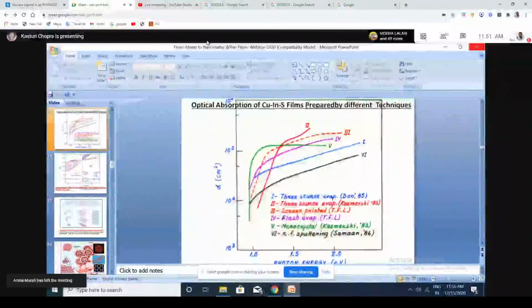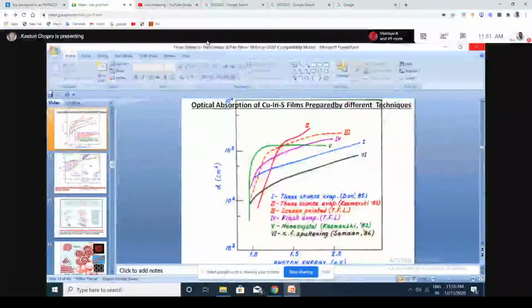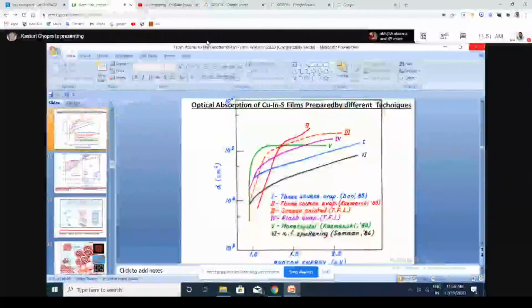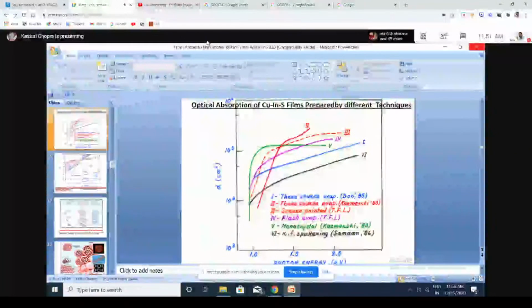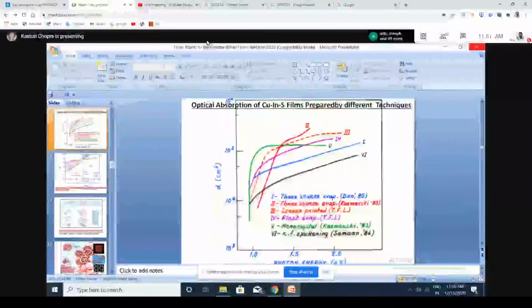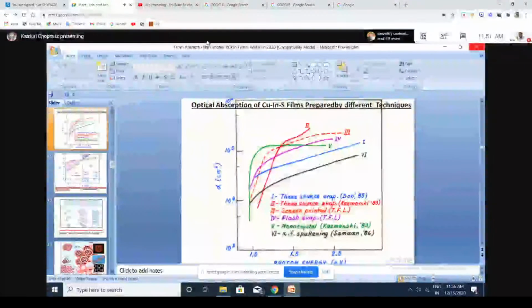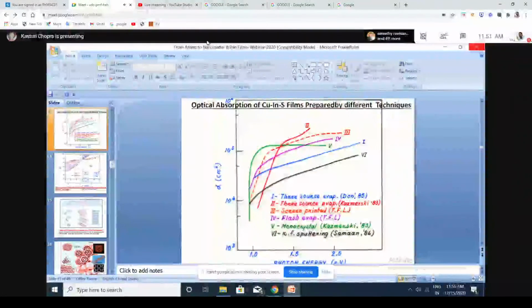Okay, this is just to show you what happens here. I've given here absorption coefficient versus energy from different sources. A three-source material from a lab in USA, thin film lab from here, nanocrystalline, another material from somebody else, and so on. Just to show you what really takes place.